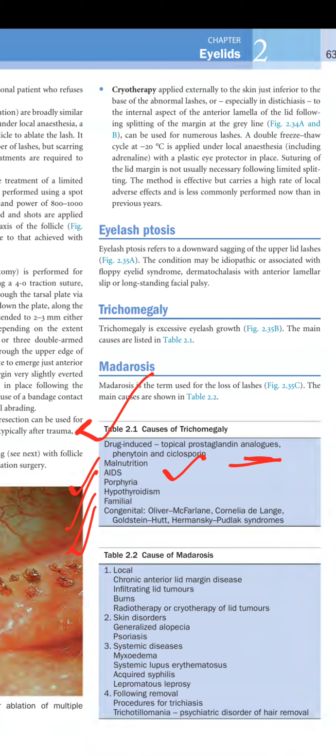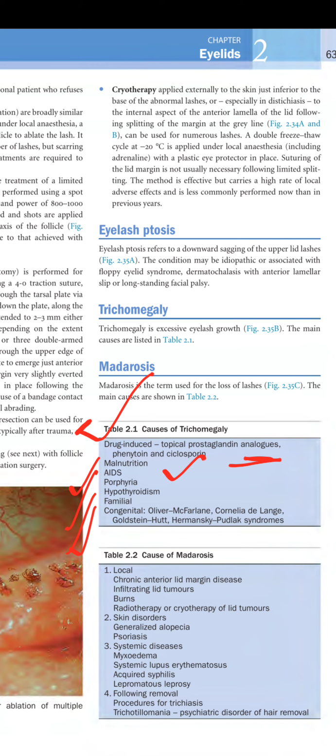Another is madarosis. So there are certain conditions that cause the loss of the eyelashes, and one of the very important is leprosy, and some generalized skin disorders, and blepharitis can cause the loss of eyelashes. So in the cases of madarosis there can be local causes, skin disorders, systemic diseases and following removal.